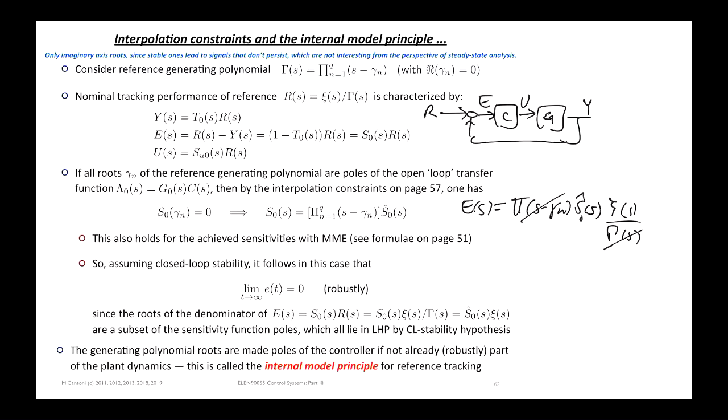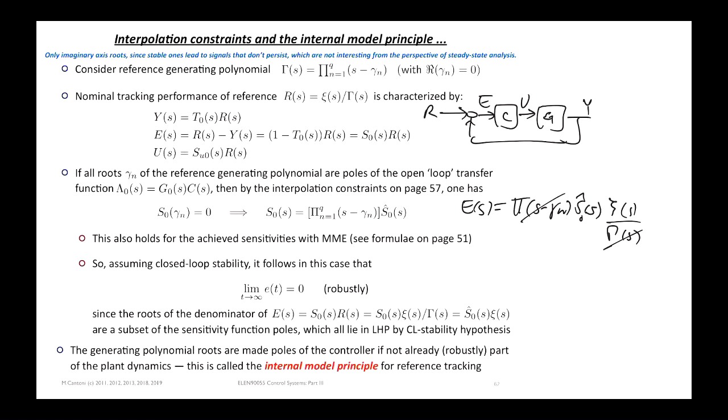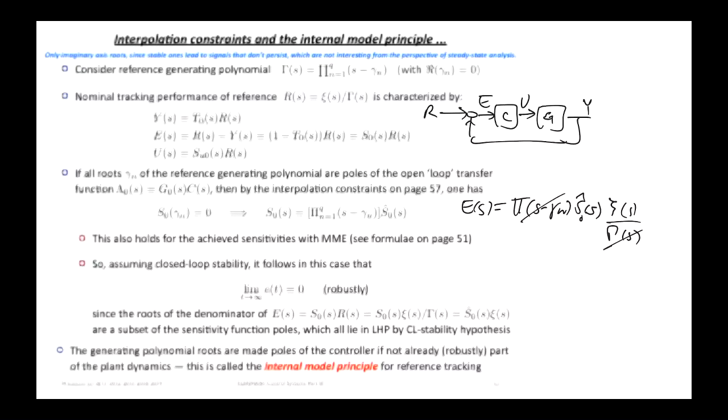So if you want to track a sinusoid, you know what its generating polynomial looks like. It's this guy here, given that you know the frequency. And in order to get 0 steady state tracking error, all I have to do is make sure that the controller that I'm designing has poles at plus and minus j omega.